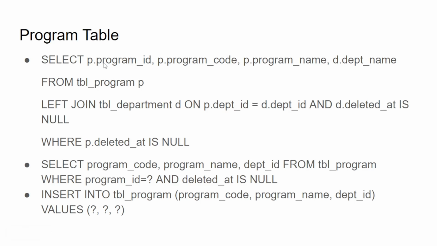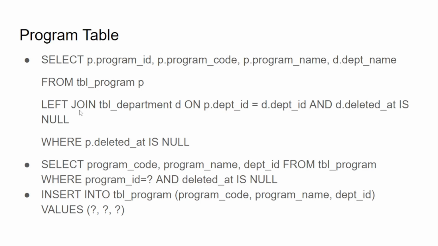For the programs, it's the same implementation. We get its columns within the program table, and also we get the department, which is coming from a different table. So we used left join for that one.